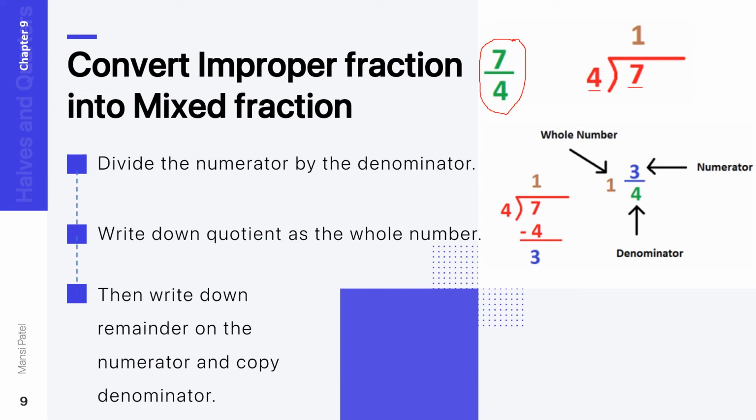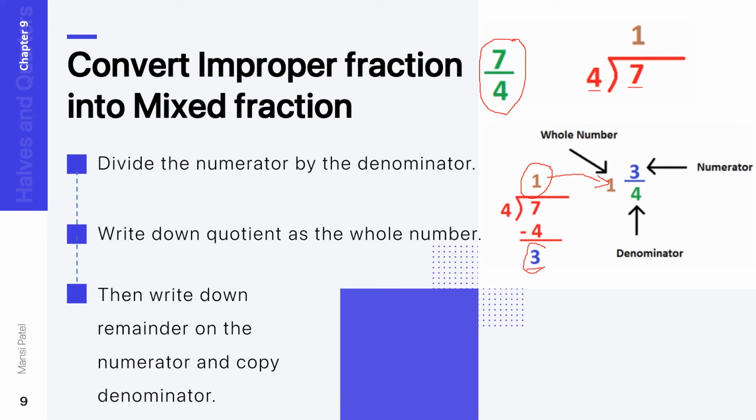Now 7 is not in the table of 4, so write down 4 ones are 4 and 7 minus 4 is 3. So this 1 is your quotient. You write this 1 in the place of the whole number.